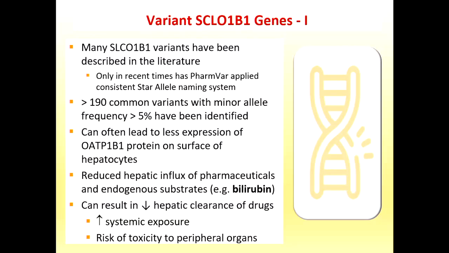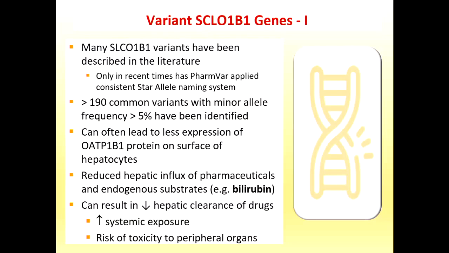But thankfully that is happening now, and we're starting to see these consistent star allele naming systems. And they've got their work cut out for them, because there's over 190 common variants of SLCO1B1 with a frequency of over 5% in the population. So that's a lot of variability occurring at significant frequencies.